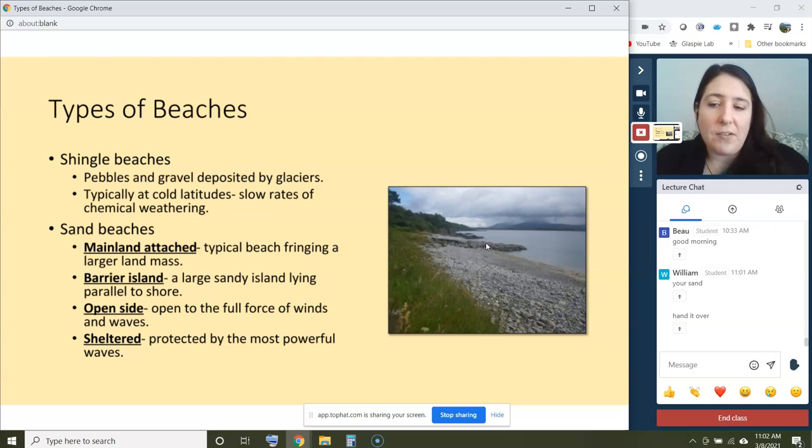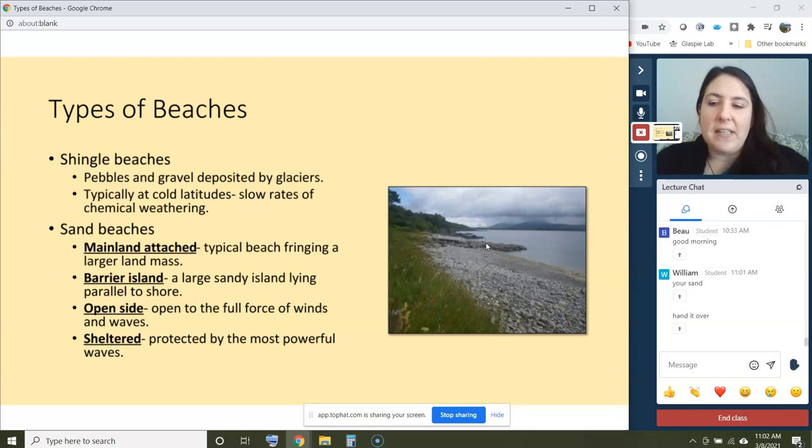If we're talking about sand beaches, there are a variety of different forms that sand beaches can take. You can have one that's attached to the mainland. This is a typical beach that we think of that's fringing a larger landmass. You can have a beach that occurs as a barrier island, which would be a large sandy island lying parallel to shore.